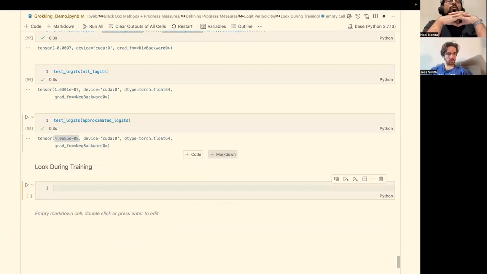The thing I want to look at here is what fraction of the logits is explained by each of the predicted terms for each frequency over the course of training. Because if the model is just memorizing, it should basically have very little.